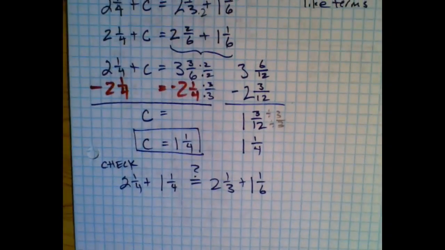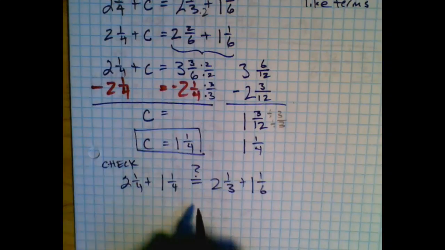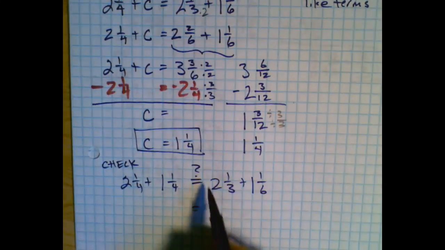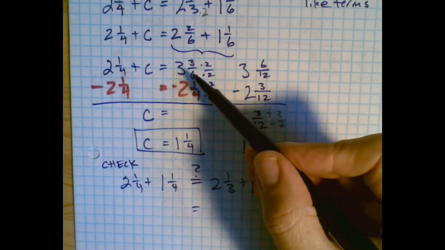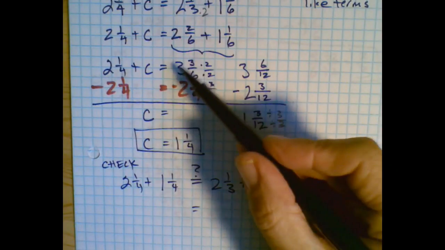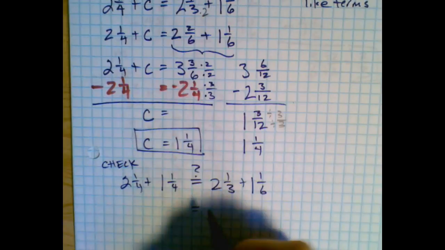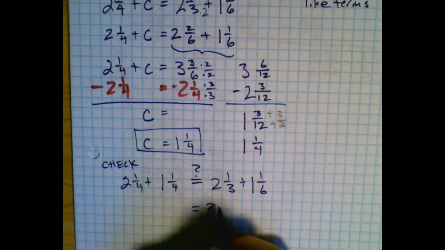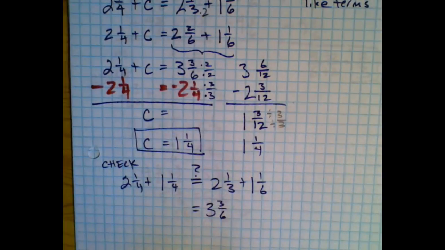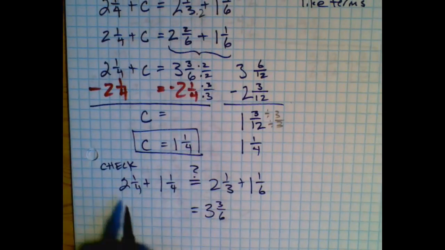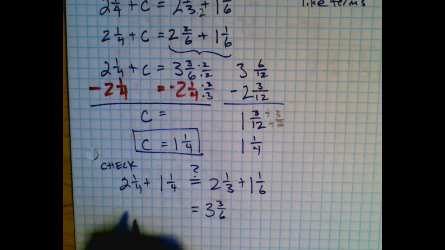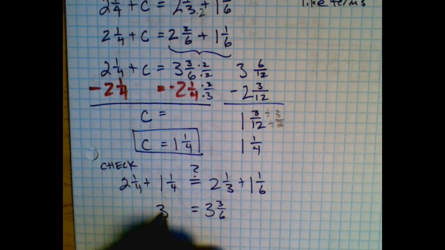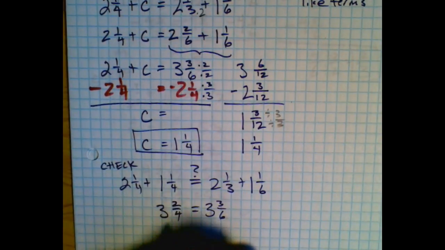To shorten our work a little bit, I'm going to take advantage of the fact that I've already simplified the right side right here to 3 3/6. So 3 3/6 is on the right side. On the left side here, I have conveniently the same denominators. So I'm left with 3 and 2/4.